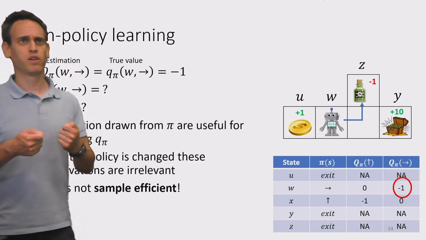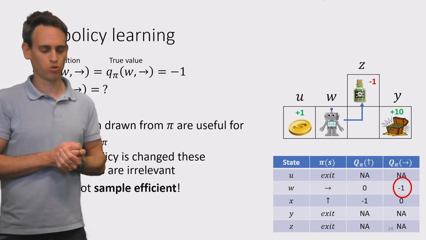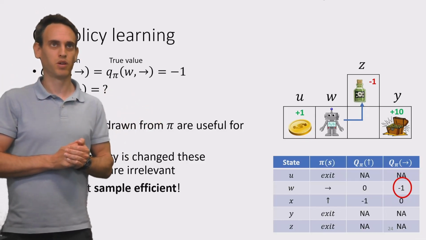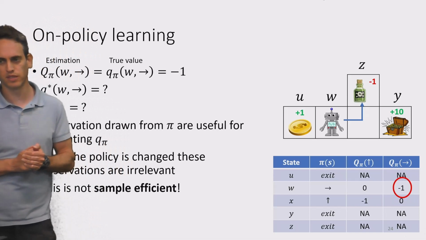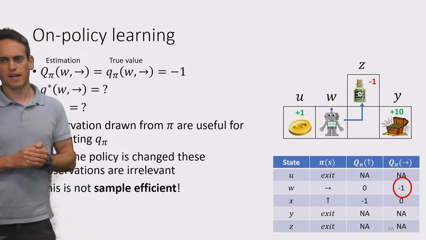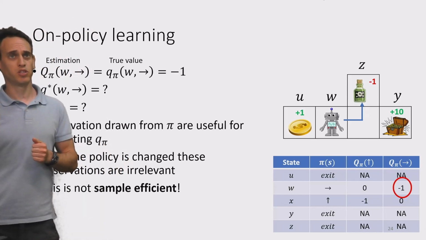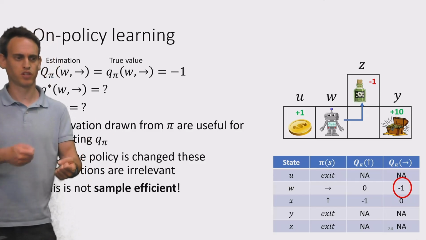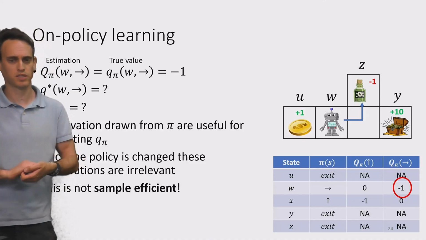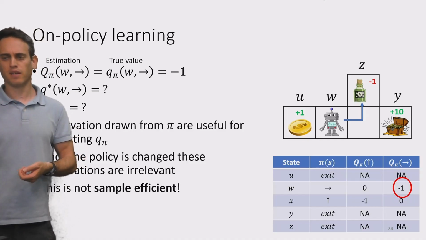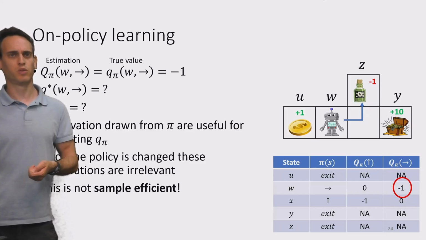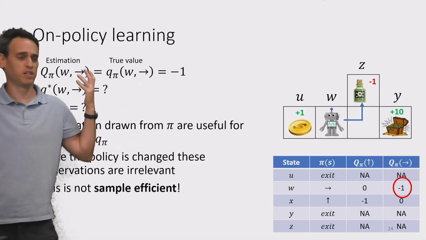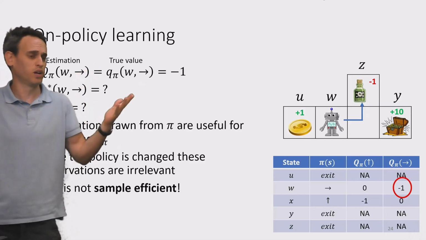Because we interact with the environment and we use these interactions in order to learn something, hopefully towards the optimal policy. But if we use policy iteration, that is, we use a policy, we have some observations, we use those observations to update Q values and then update our policy, then once we update the policy, all of the observations that we previously saw become completely irrelevant.